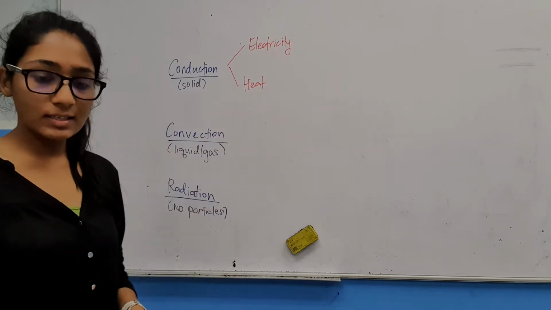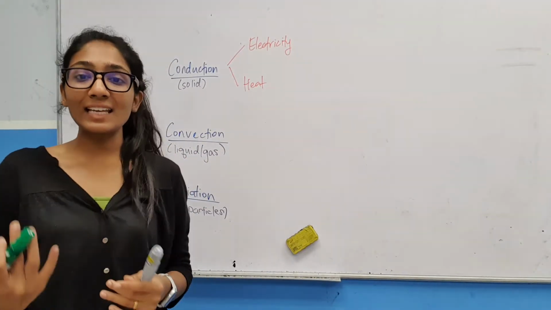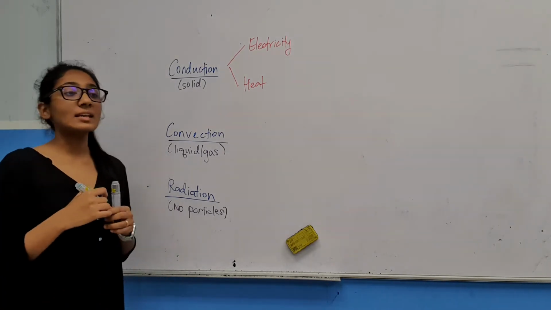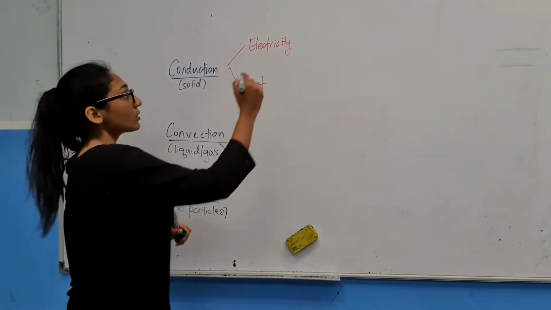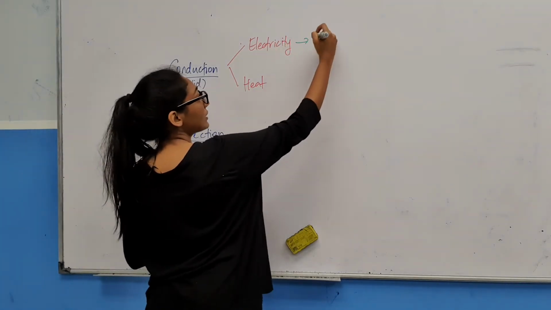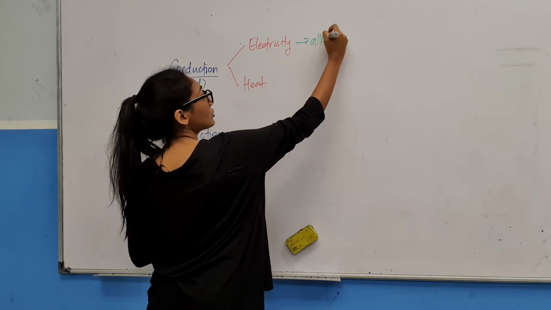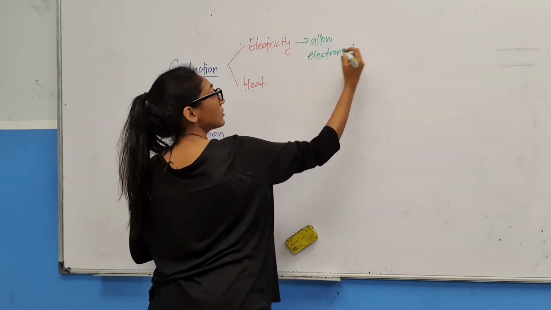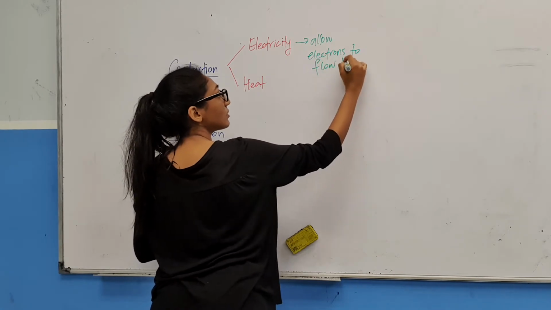Electrical conductors relate to what you learned about circuits, where there is current in a circuit, which is a flow of electrons. Electrical conductors are materials that allow electrons to flow through them easily.